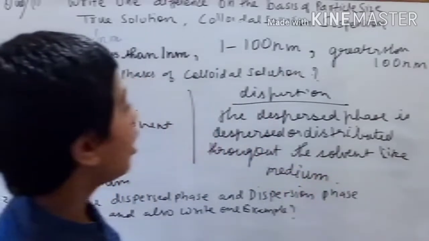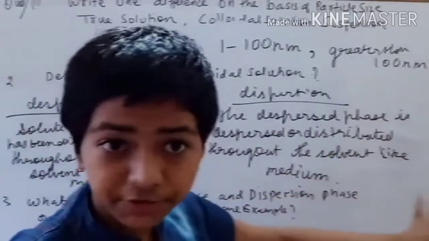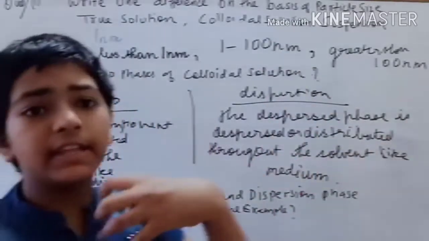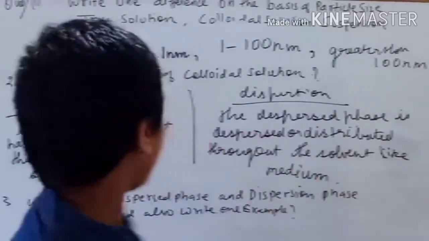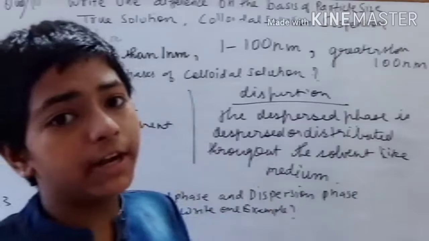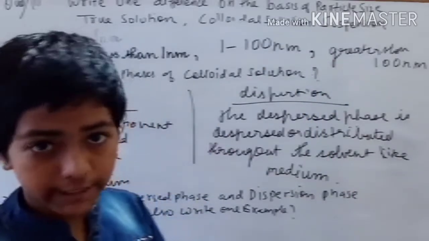Over here the dispersed phase is distributed in the solvent like medium, and over here the solute like component is distributed in the solvent like medium.